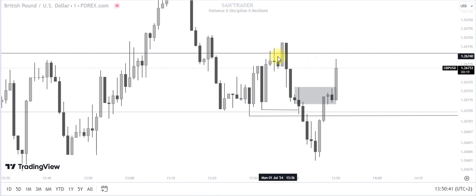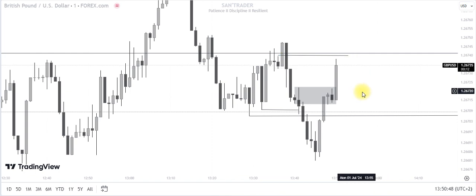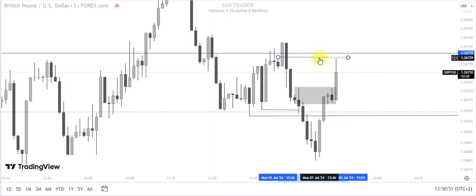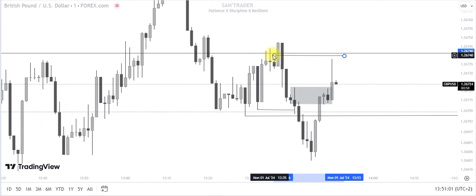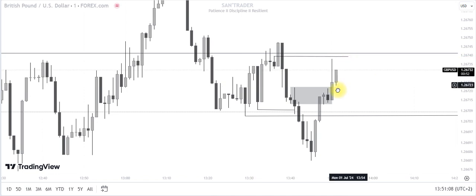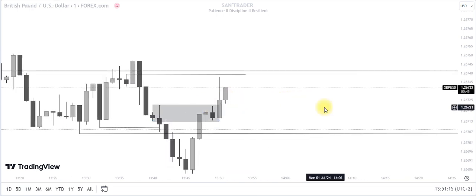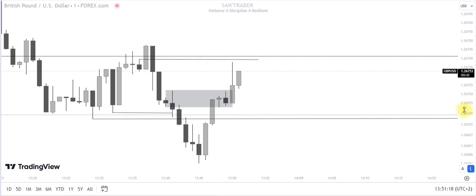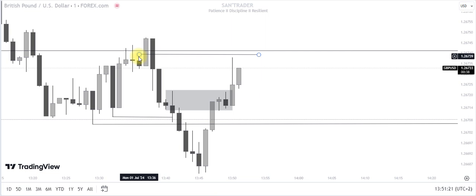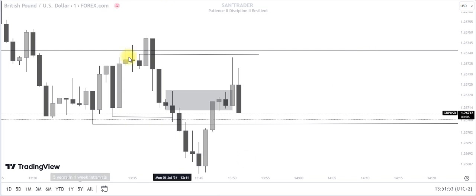This is a M1 PPL. Can you see that? Approximately. Okay, this is a swing.